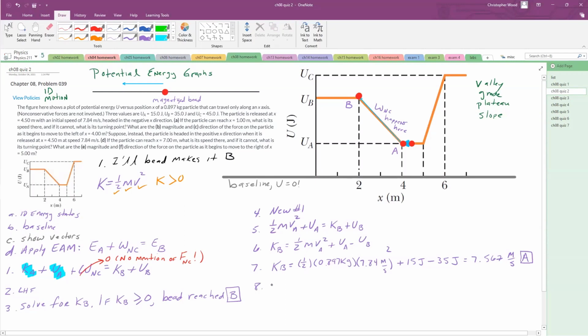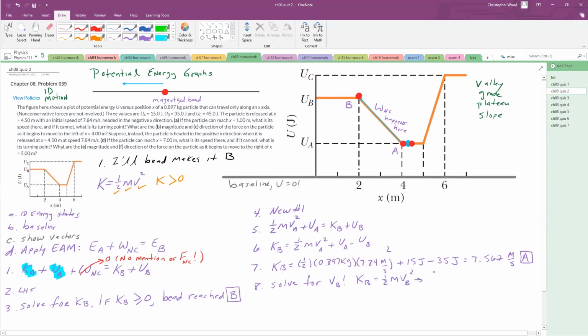So in this case, solve for v_B. Well, I know kinetic energy. Kinetic energy is simply 1/2 m v_B squared.